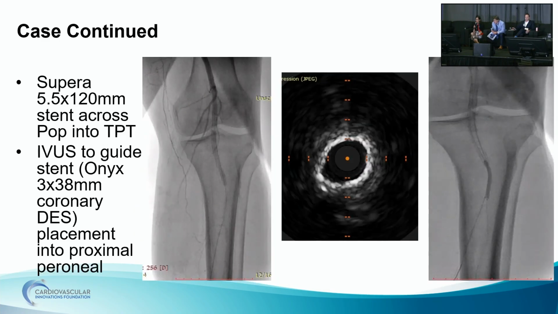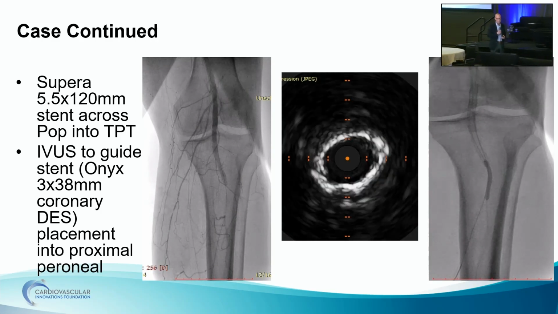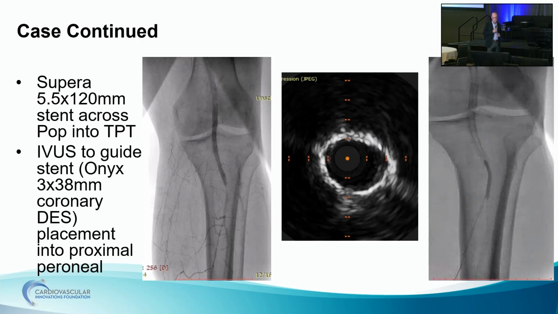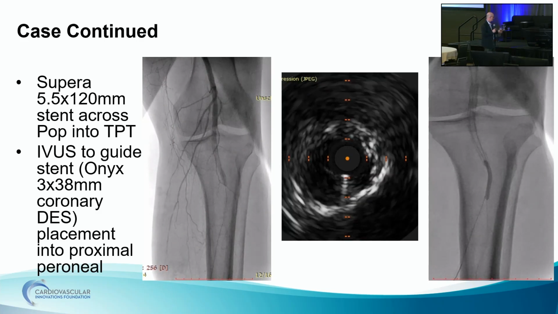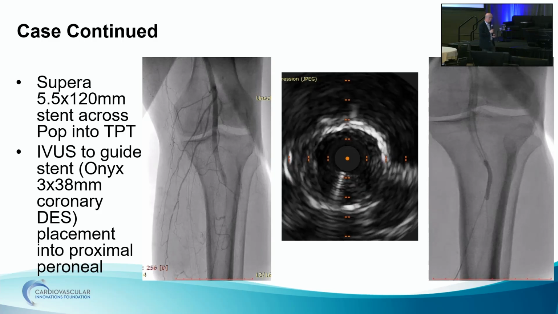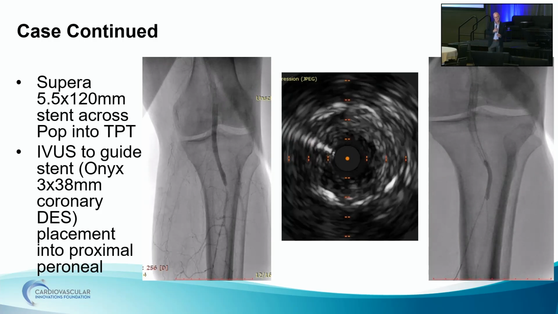Well, let me skip ahead in the interest of time. A Supera 5x120 was placed across the POP into the TPT, and then using IVUS guidance, a coronary DES. This is prior to the availability of purpose-built below-the-knee stents.